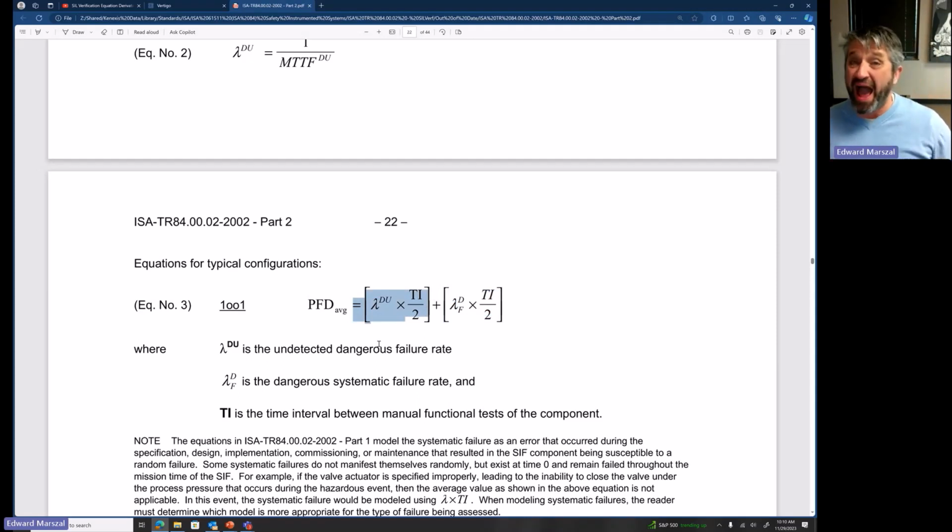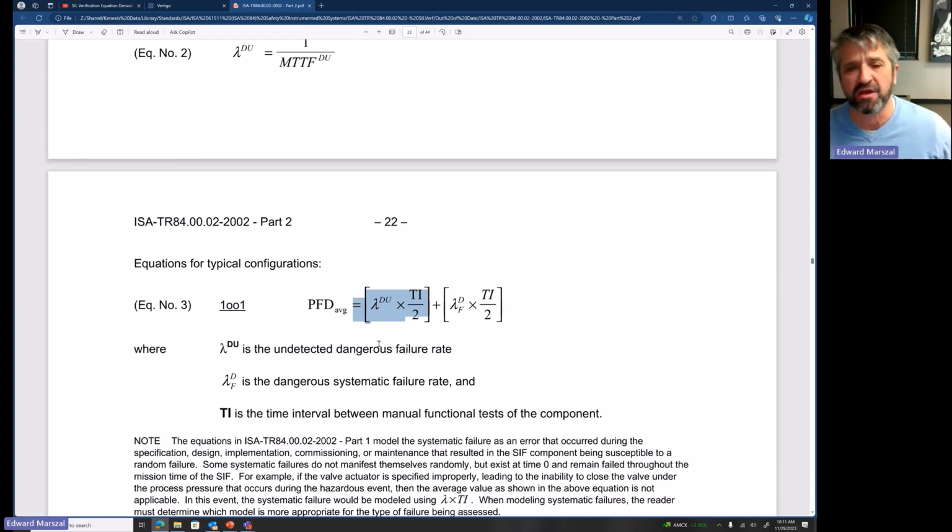And this actually might be correct for your system. What this assumes is that for failures of your safety system, if you can detect a failure with diagnostics, then you're configuring your shutdown system to automatically shut down. It's also assuming that your proof testing is 100% perfect, which it probably isn't.